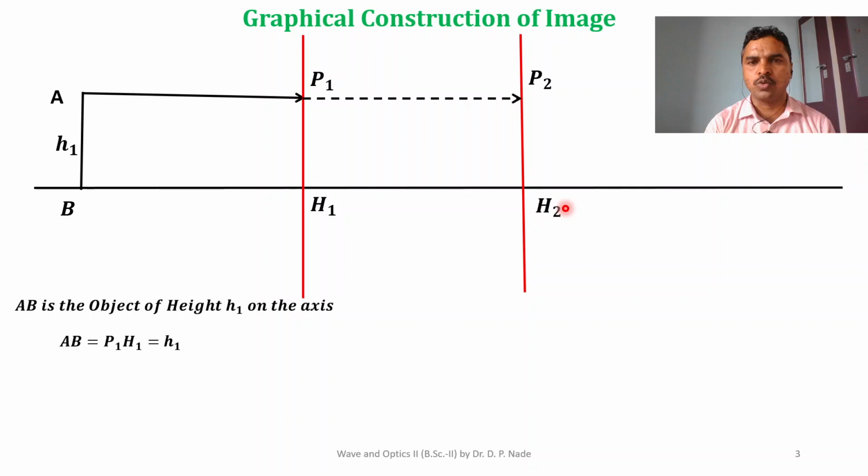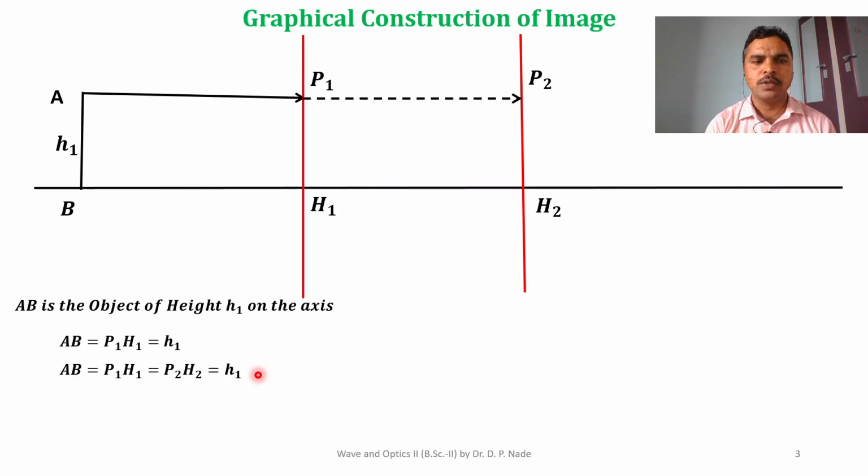So this is the principal point on that principal axis. Here the distance H1P1 is equal to H2P2 because they are parallel lines to the principal axis. AP2 is parallel to BH2, so I can write AB is equal to P1H1, which is equal to P2H2, which is equal to h1.